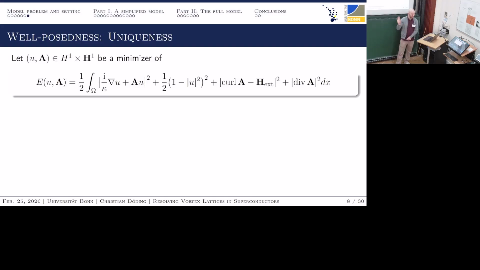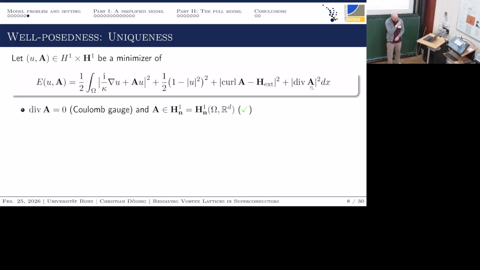Okay, so existence is guaranteed. What about uniqueness? Well, this is a little bit more involved. But first, considering this vector potential A, as I said, due to this penalty term of the divergence, the minimizer is actually divergence-free, which physically means that we're working in the Coulomb gauge.